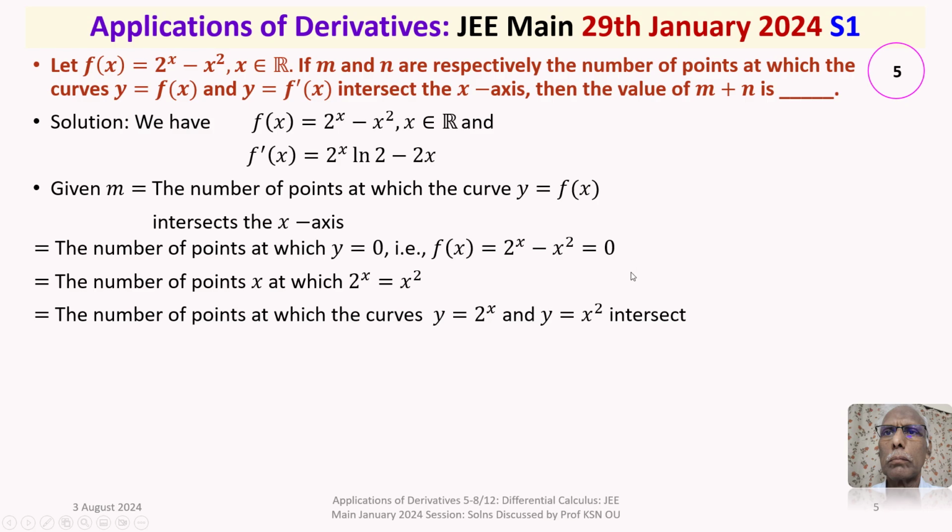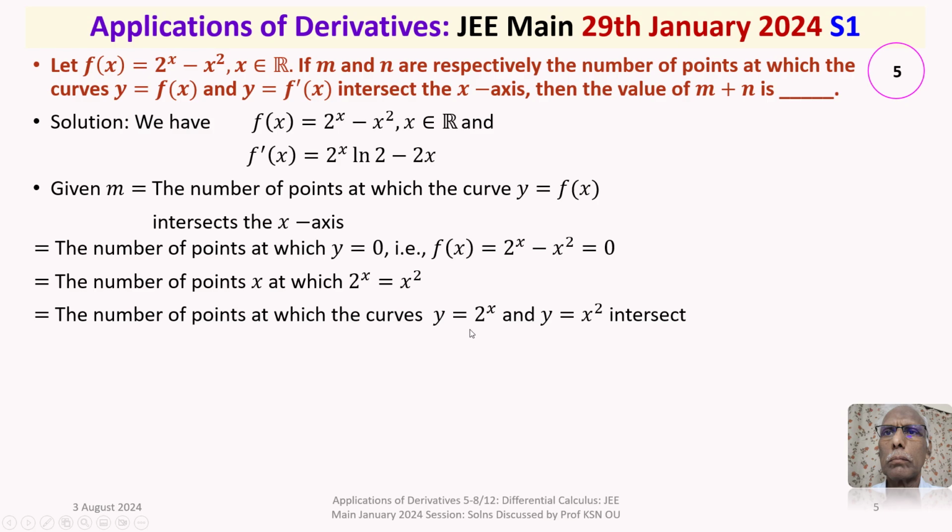Right. First of all, you think about y is equal to 2 power x. You might have studied in our plus 2 classes, y is equal to a power x, where a greater than 0, is an exponential curve, and it will lie in the upper half plane, and the negative real axis is an asymptote for this.